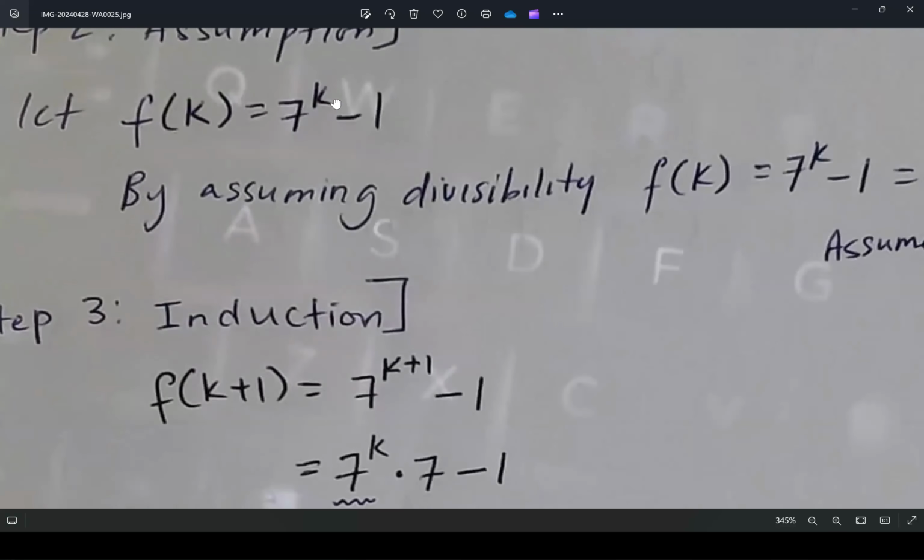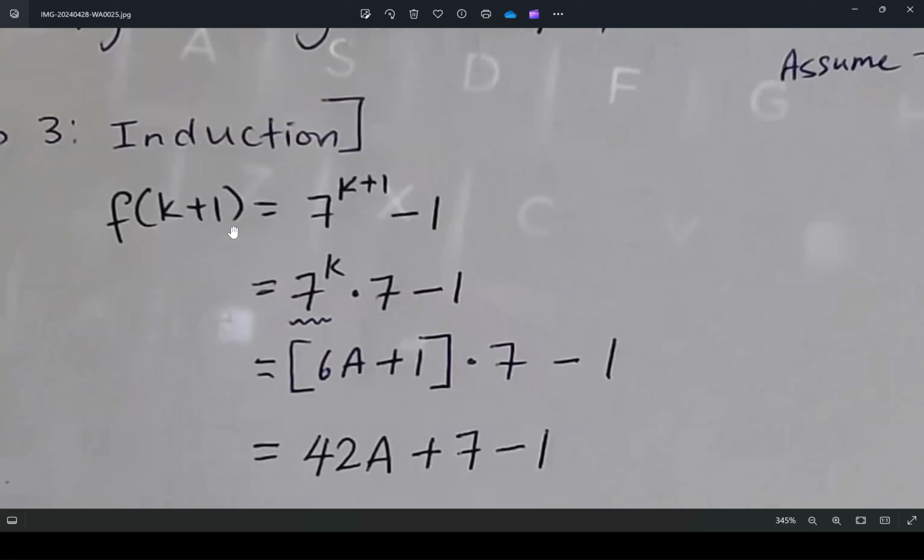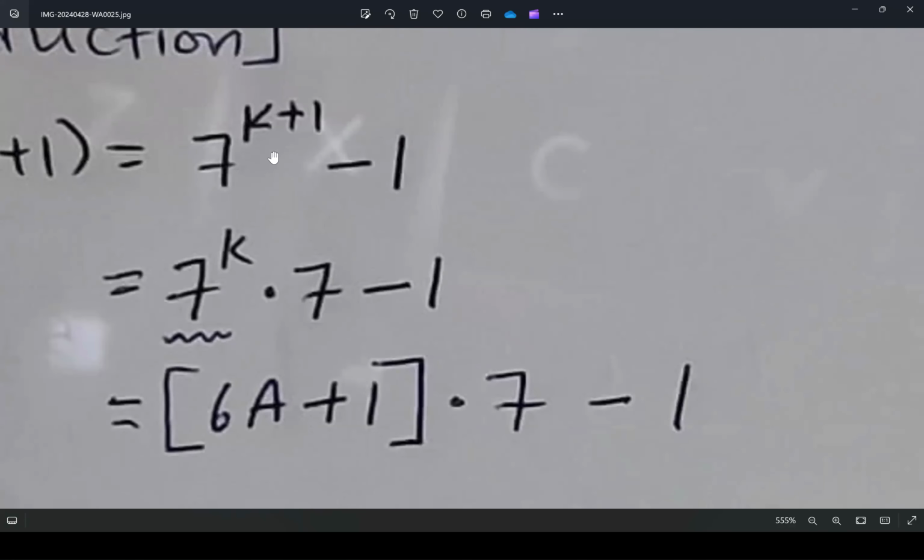Cool. So for the induction now, we plug in k plus 1, and we need to ensure we know the index rules. The induction question is where you're going to be flaunting your index rule skills. So it becomes 7^k times 7^1.